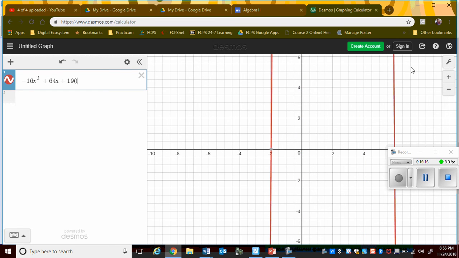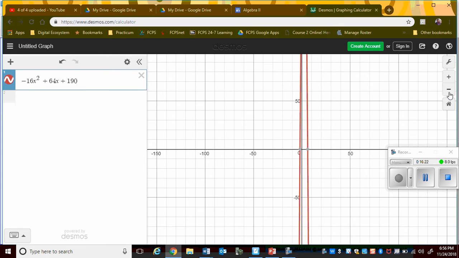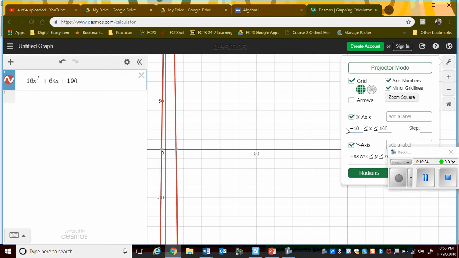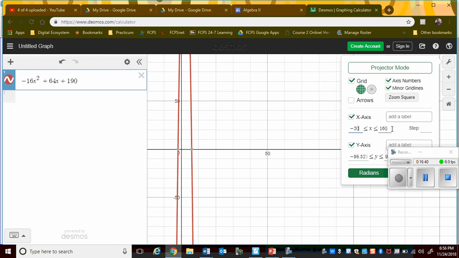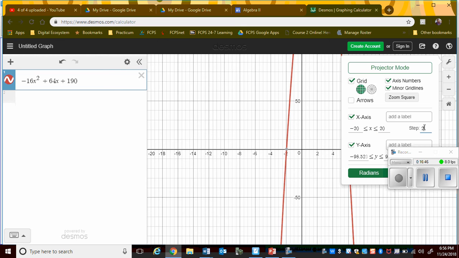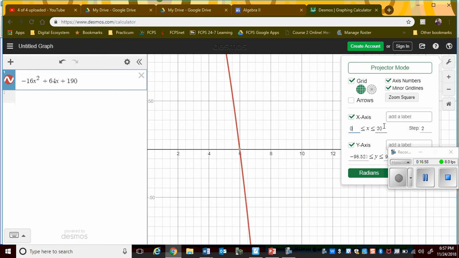I'm going to change this window and make my x-axis much smaller, between negative 20 and 20 in increments of 2. Actually, I can see it a little closer, between negative 4 and 0.